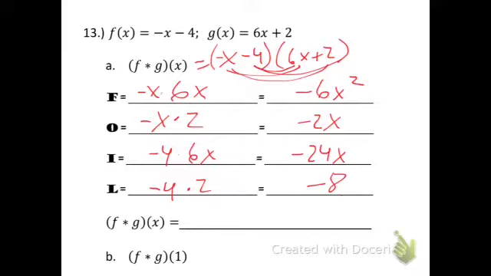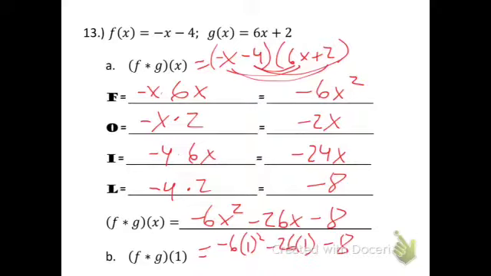Add together, combine like terms, you'll get negative 6x squared minus 26x minus 8. And now we need to take 1 and plug it into both of the x's to get negative 6 times 1 squared minus 26 times 1 minus 8.